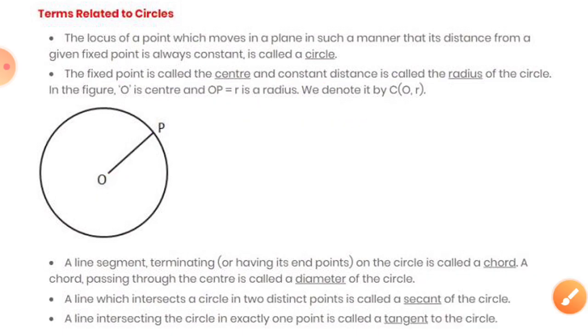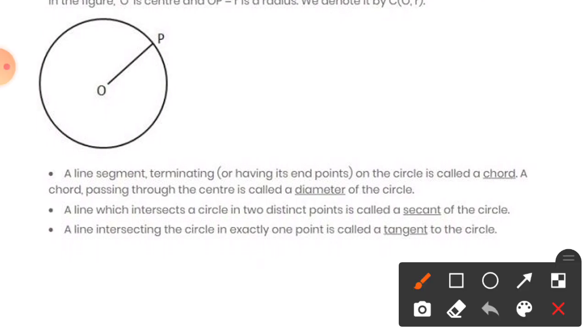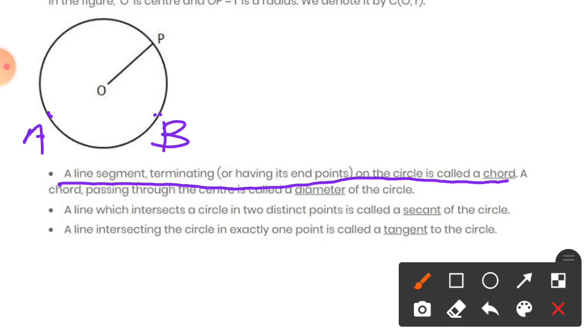Correct? Now next, a line segment terminating on the circle is called a chord. Suppose I assume two points A and B and join them. This AB is known as a line segment, and from the circle's point of view this is called a chord.